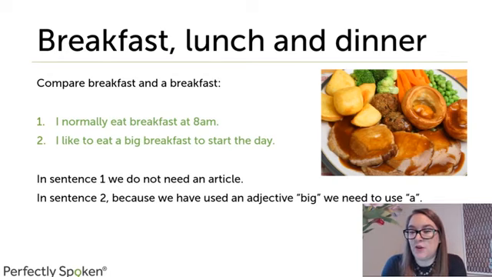Well, in sentence 1, we do not need an article because we don't use an article when we're talking about breakfast, lunch, and dinner. But when we have an adjective, so in sentence 2 we have big, then you need to use the indefinite article. So number 1 is eat breakfast, but number 2 is eat a big breakfast. So the important thing here is the fact that there is an adjective, a big breakfast. If there's no adjective, you do not need an article with breakfast, lunch, or dinner.